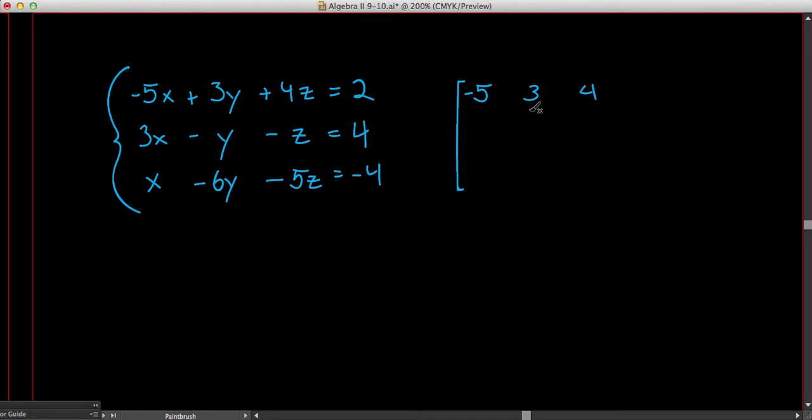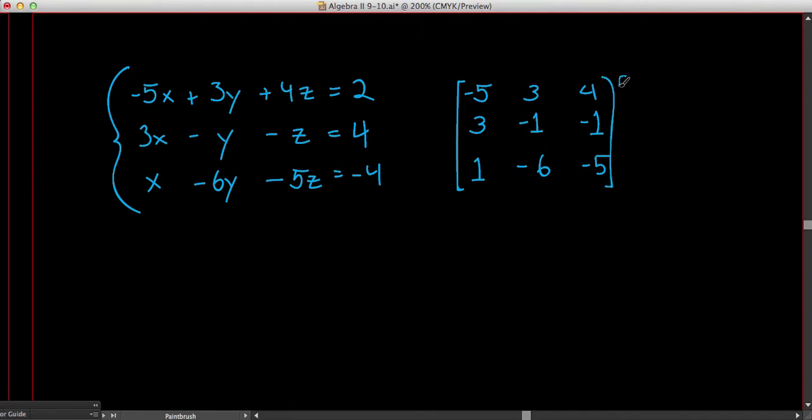Okay? Then the second equation, we have 3, negative 1, and negative 1. And then our last equation, we have 1, negative 6, and negative 5. And then we can close this off.